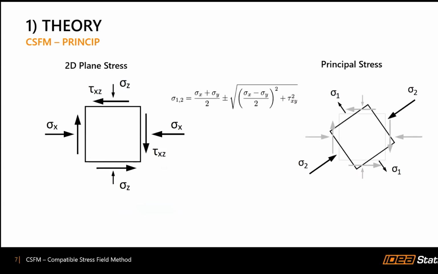Something to the theory: we are using a 2D plane stress test, so you can expect two normal stresses and one shear stress. This is represented on the element on the left side. And we are working with the principal stresses, so you need to calculate them. Everything comes from the Mohr circle.